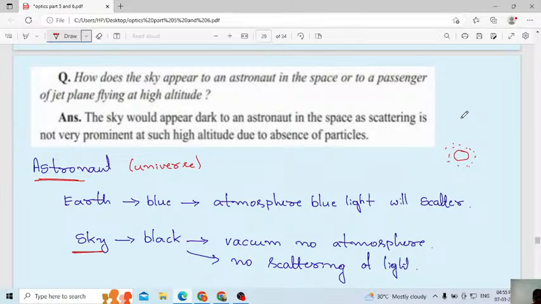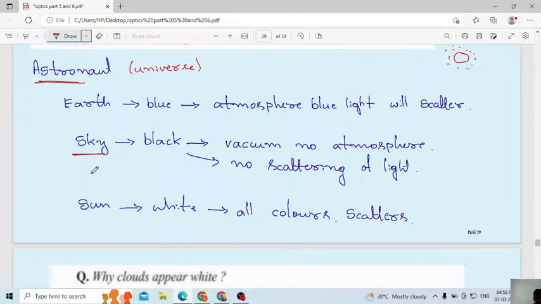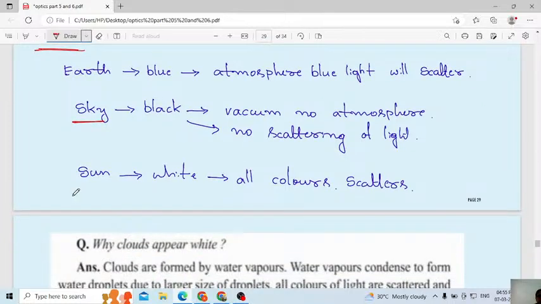How does the sky appear to astronauts in space or to a passenger? This Earth that we explained is not from the astronauts' view; this is actually how the Earth appears from outside. It will appear blue. Then what about the sun? It will appear white.